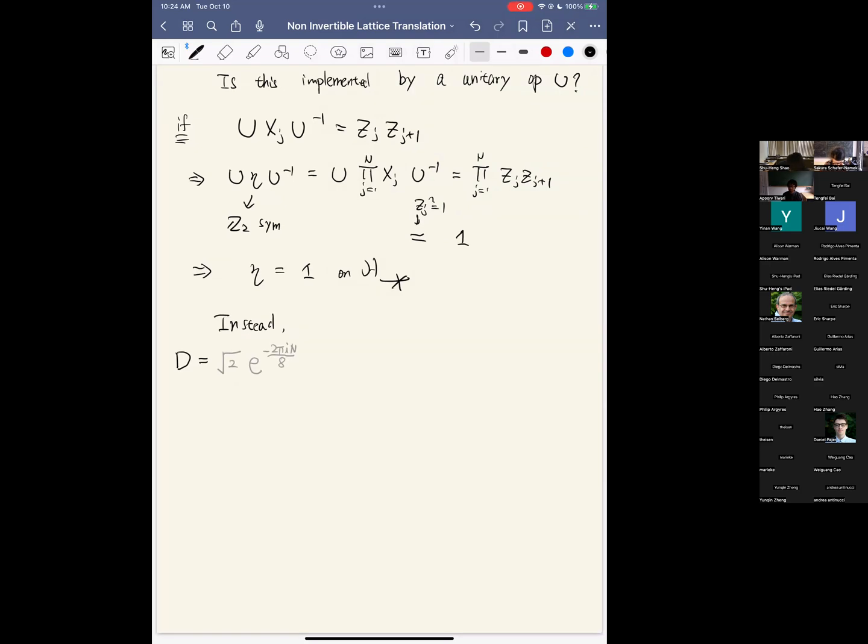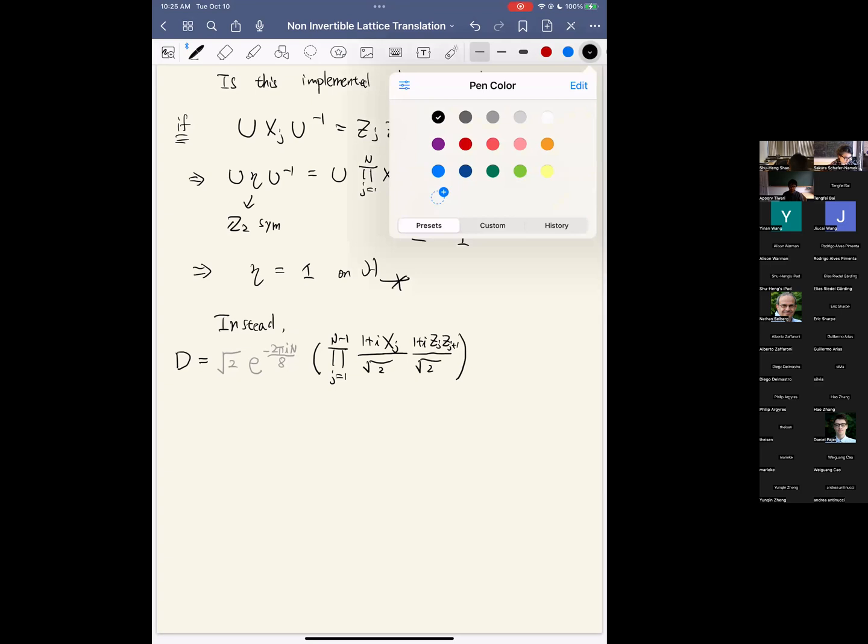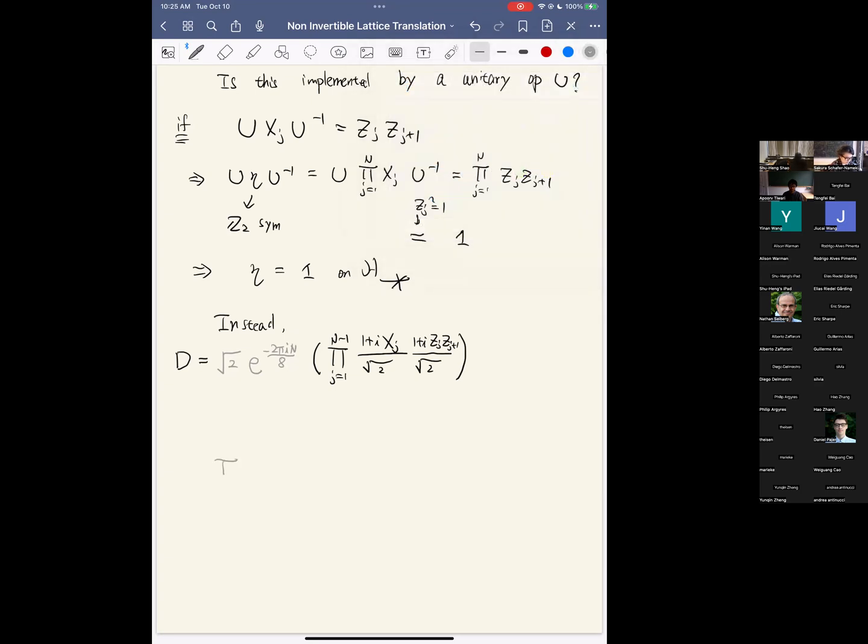All right, so the rest of the term takes the following form. I have a product from j equals 1 to n minus 1. And by product here, I mean it's an ordered product.